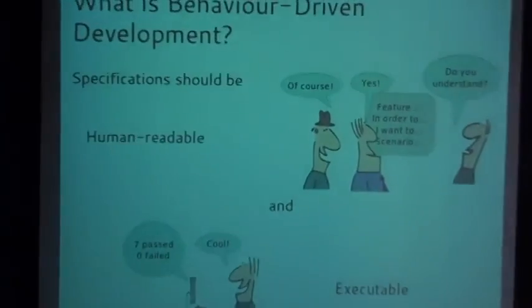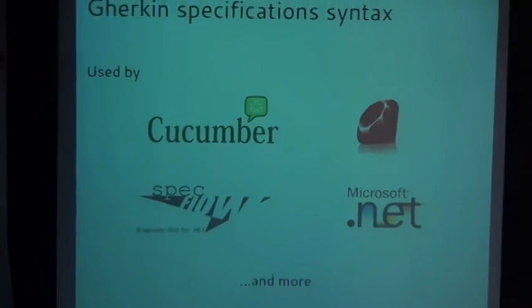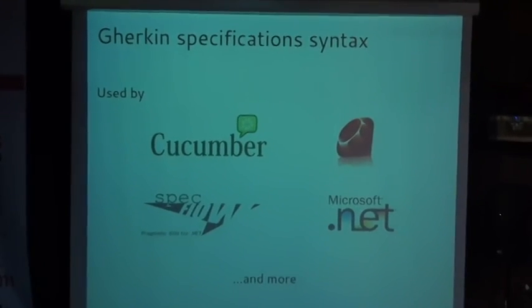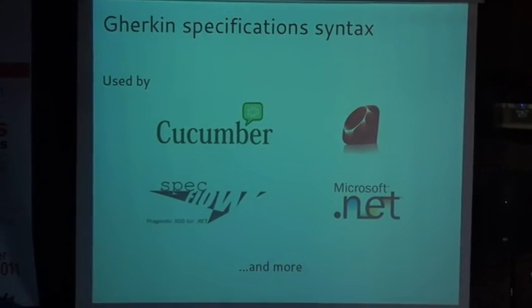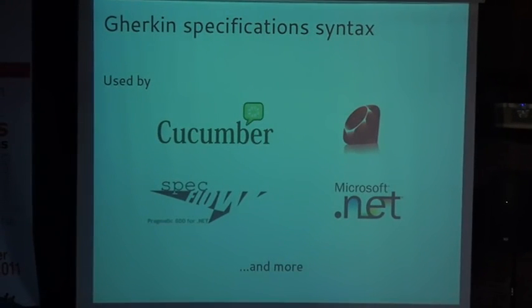We need a language for writing the specifications. So a language for writing specifications has been designed. This language is called Gherkin, and it appeared with the Cucumber project. Cucumber is a BDD tool for Ruby.